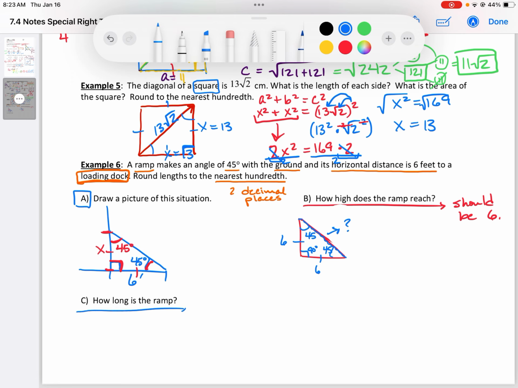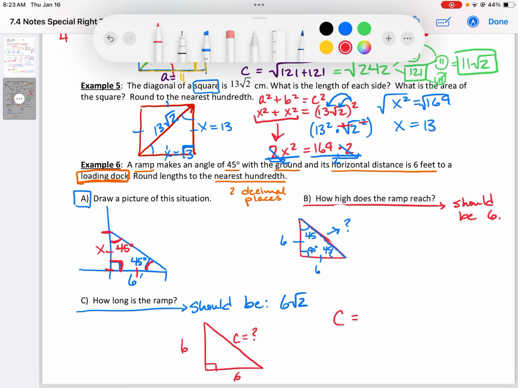Based on what we've been seeing and the patterns that we've been seeing, it should be 6 times the square root of 2. Let's confirm. I have a triangle where the sides are 6 and 6. I want to know how long the actual hypotenuse is, in this case, the ramp.